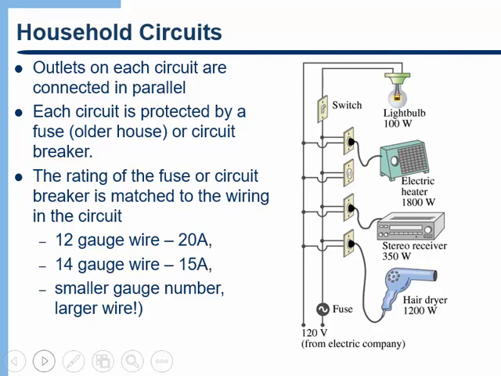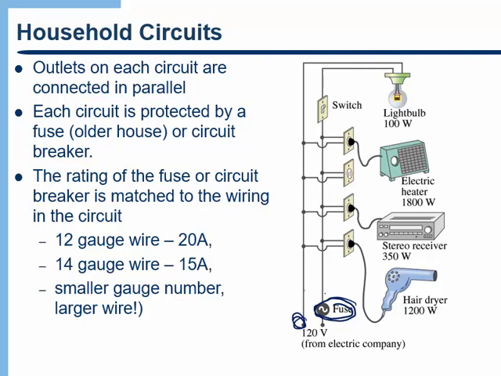If we look at household circuits, on any given circuit, there's usually more than one plug. So we've got our fuse or circuit breaker, and then this is going back to the neutral wire. And then each outlet or a light bulb with a switch is connected in parallel with those two wires. And obviously you can see why we want to connect them in parallel.